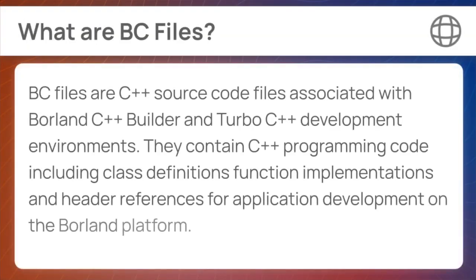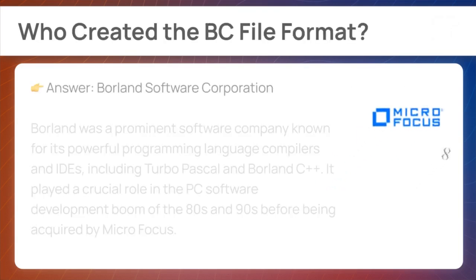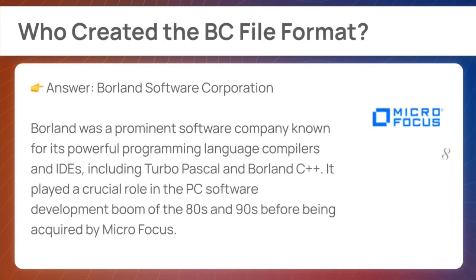BC files are C++ source code files associated with Borland C++ Builder and Turbo C++ development environments. They contain C++ programming code, including class definitions, function implementations, and header references for application development on the Borland platform.